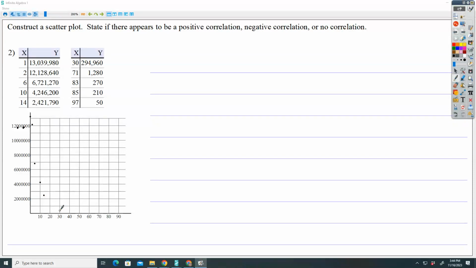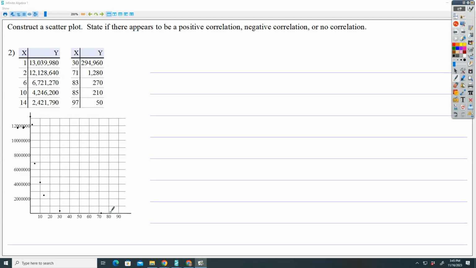And then 30 and less than 200,000 would be way down here. Okay, then we've got 71 and 1,280 way down here.